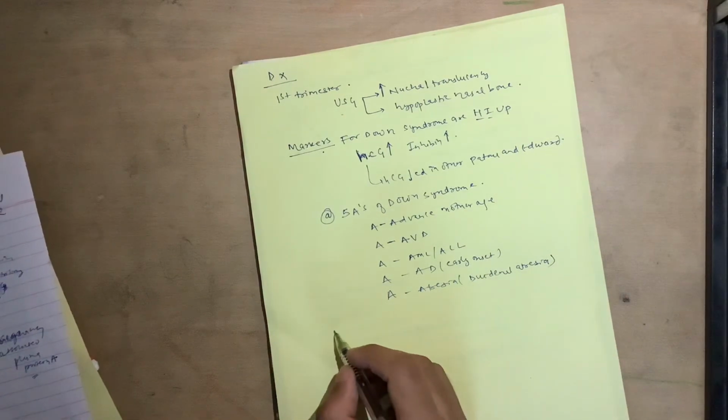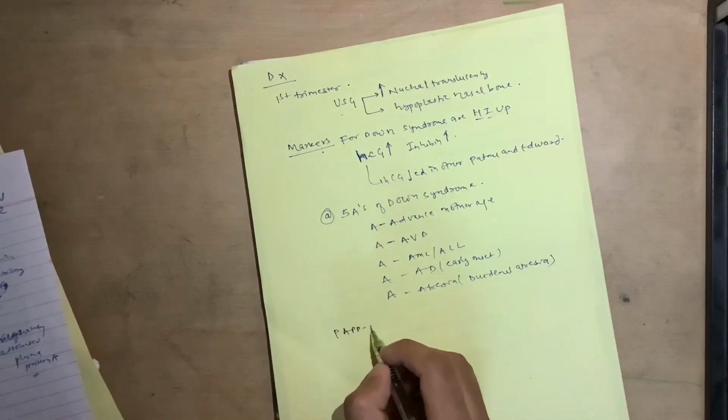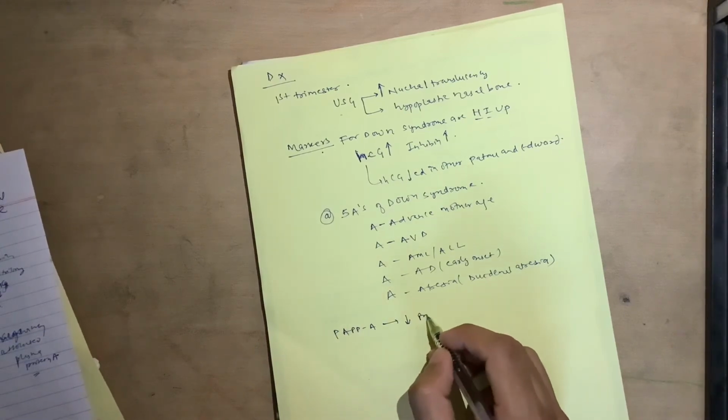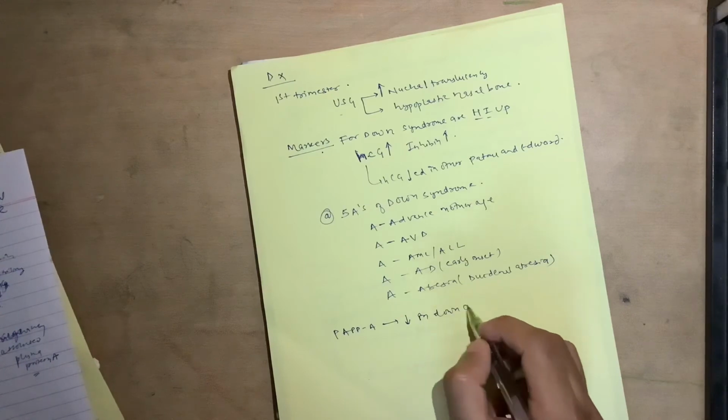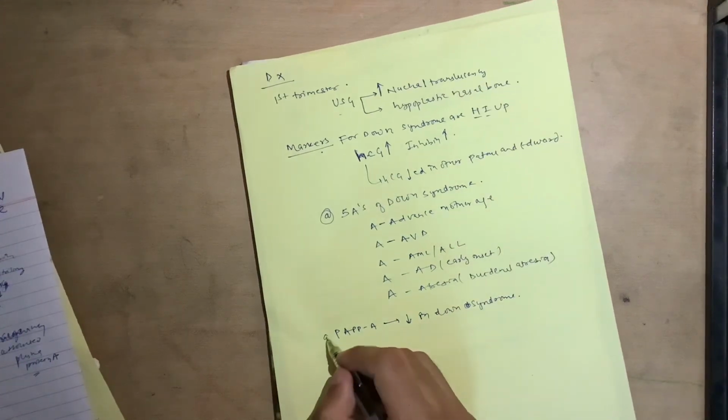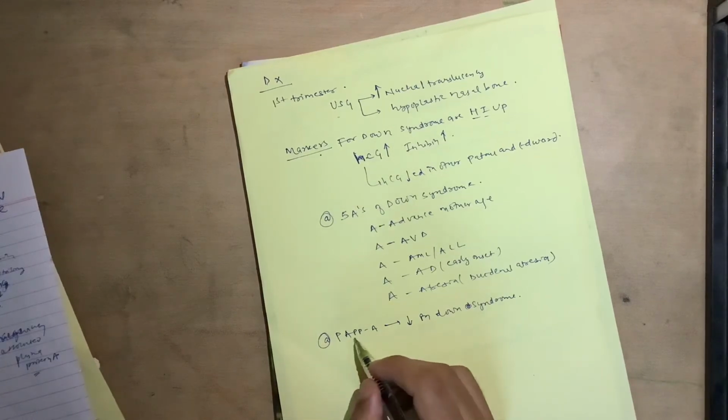There is also one protein known as PAPP-A, which is decreased in Down syndrome. PAPP-A means pregnancy associated plasma protein.